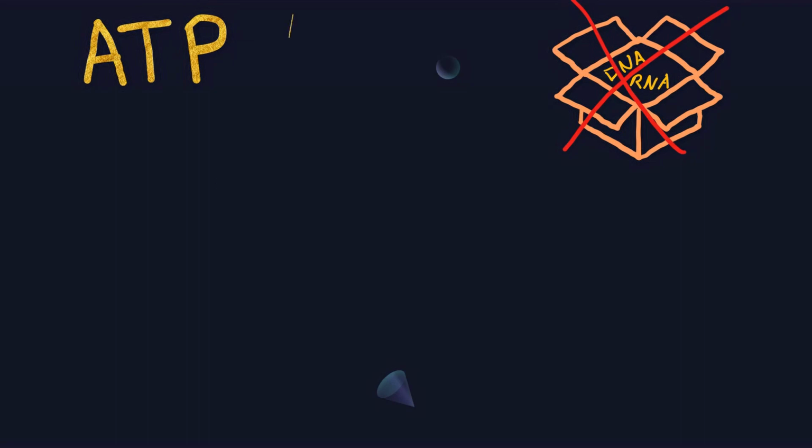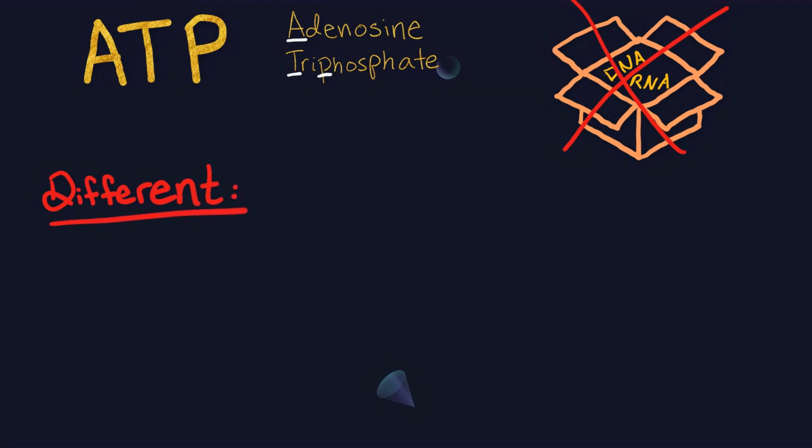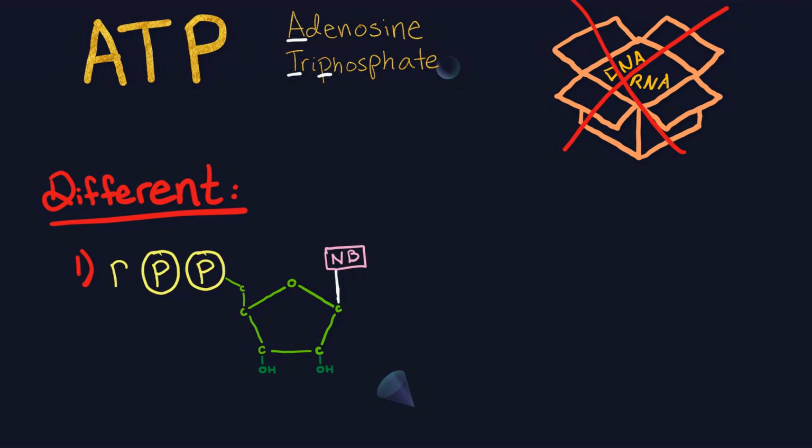ATP stands for adenosine triphosphate. And it is completely unique and different from other nucleotides because first, it has the same overall base, but 3 phosphate groups. Hence why it's called triphosphate.